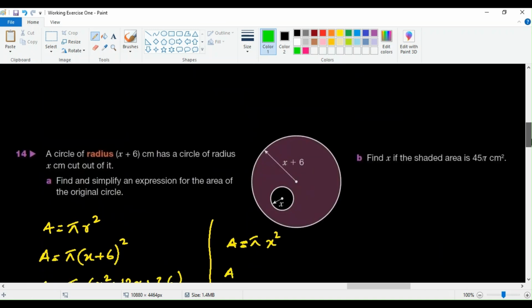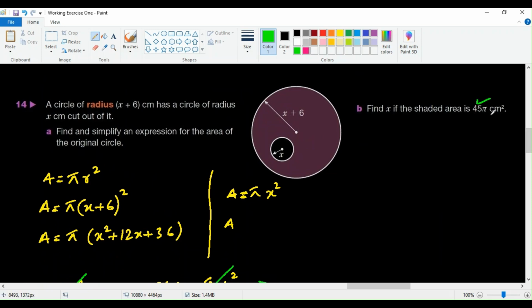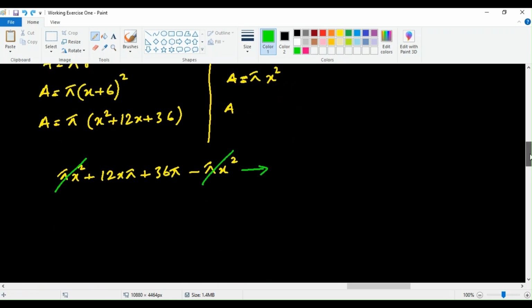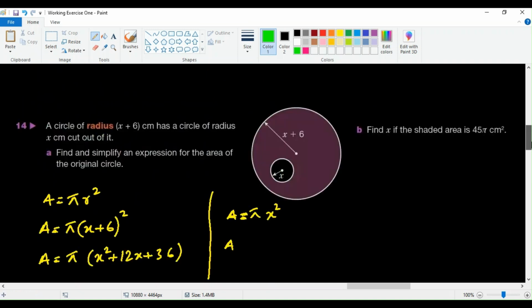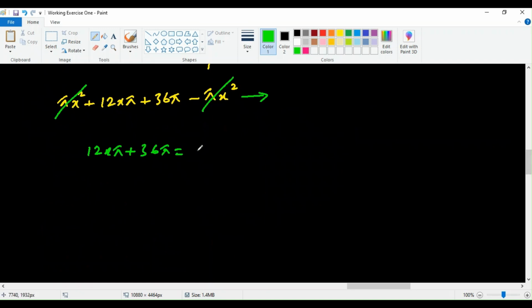Part B, it says 45 pi over here. Find the x. The shaded area is already mentioned as 45 pi. So that means 12x pi plus 36 pi equals 45 pi. Now in these terms, what we see common is pi.